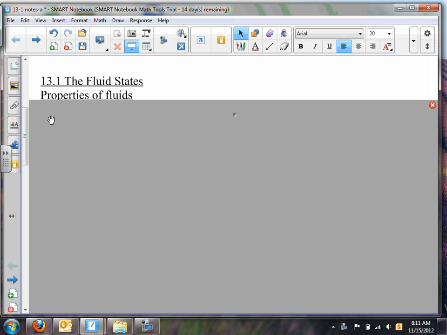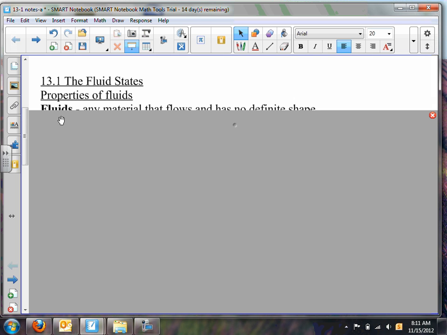So 13.1, pressure, the fluid states. Fluids are defined as any material that flows and has no definite shape.